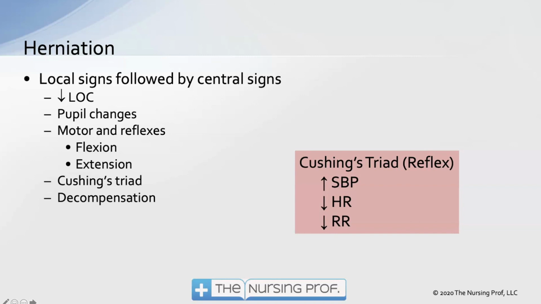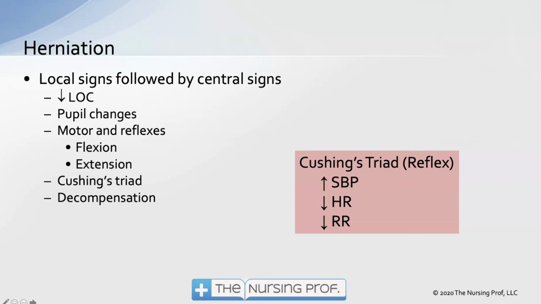We have local signs that are on the area where the initial injury is, followed by central signs as we start to involve the entire brain. If we want to know about increased intracranial pressure, we're going to be looking for Cushing's triad. Cushing's triad says we'll have an increase in our systolic pressure, decrease in heart rate, and decrease in respiratory rate.